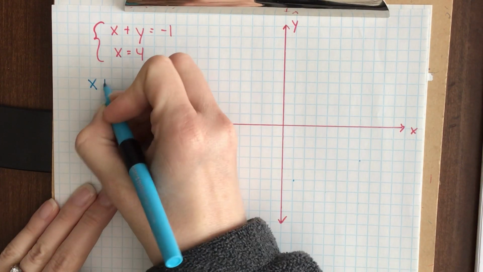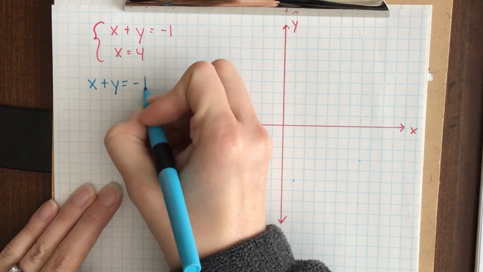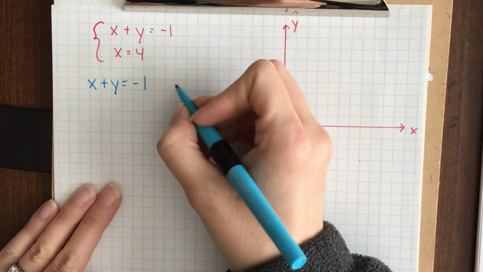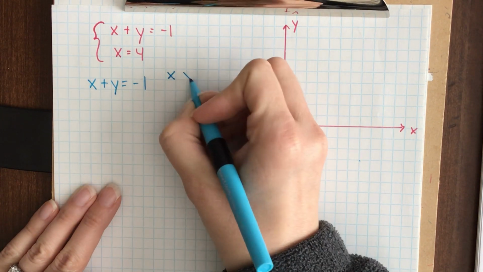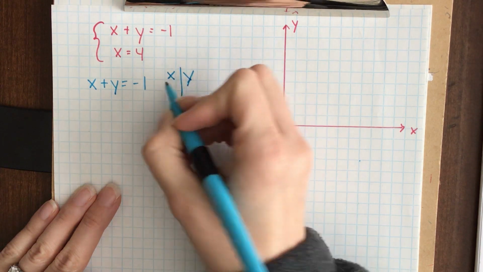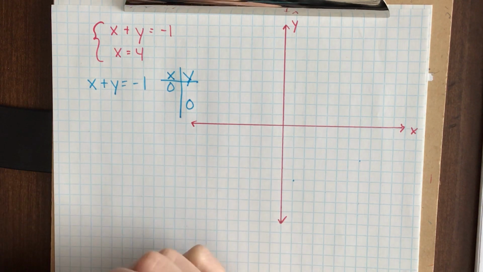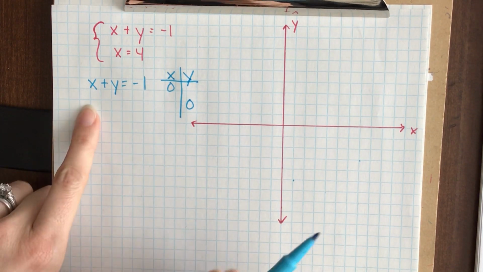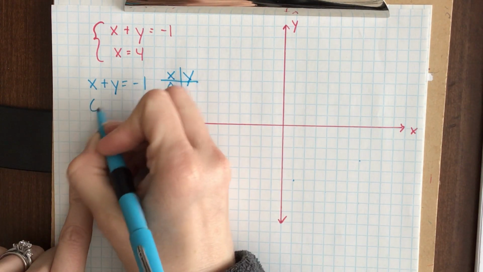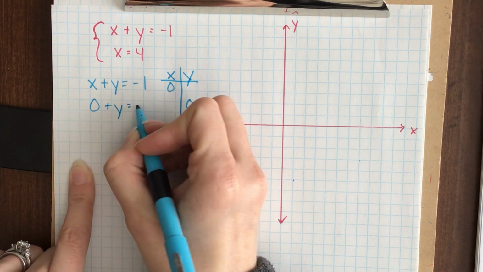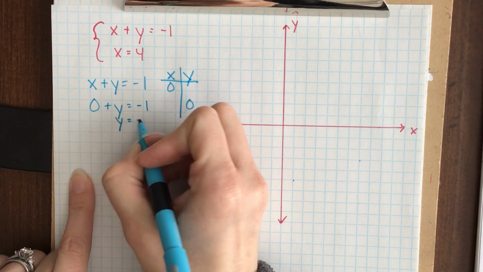So if we have this equation and we want to graph using the intercepts, we're going to plug in 0 for x and 0 for y and see what we get. So when I plug in 0 for x, we get that y is equal to -1.